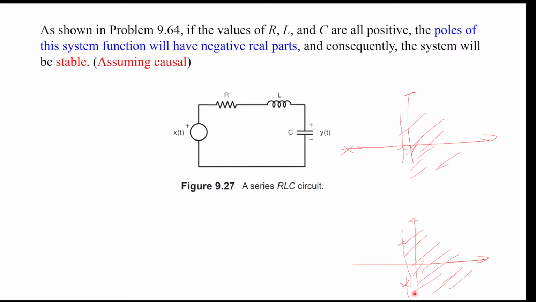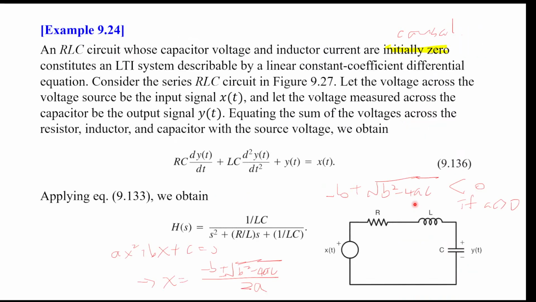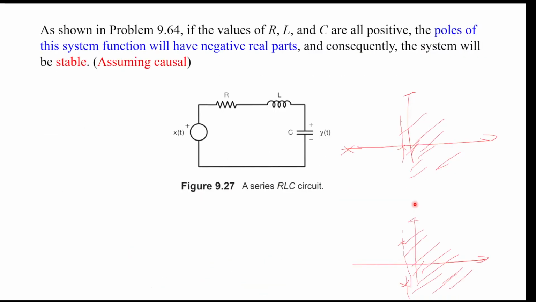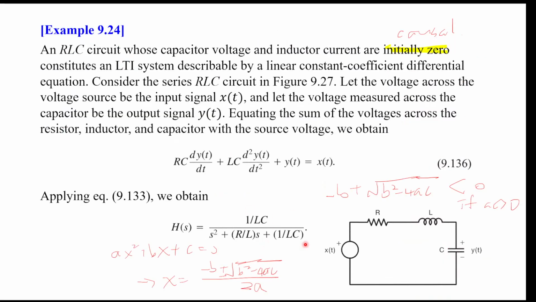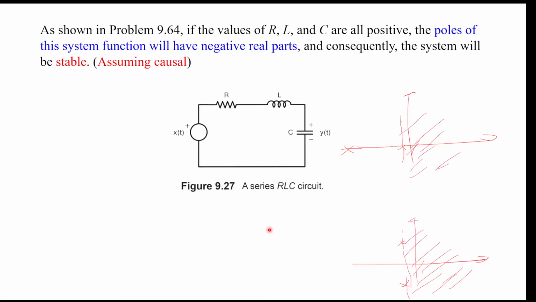Here are 2 possible distributions of the poles. A pole can be a complex number, or you can have 2 real poles, both negative, and your RLC circuit will look like this. With the Laplace transform, we can learn some system properties through analysis of the system function, even with very general information.